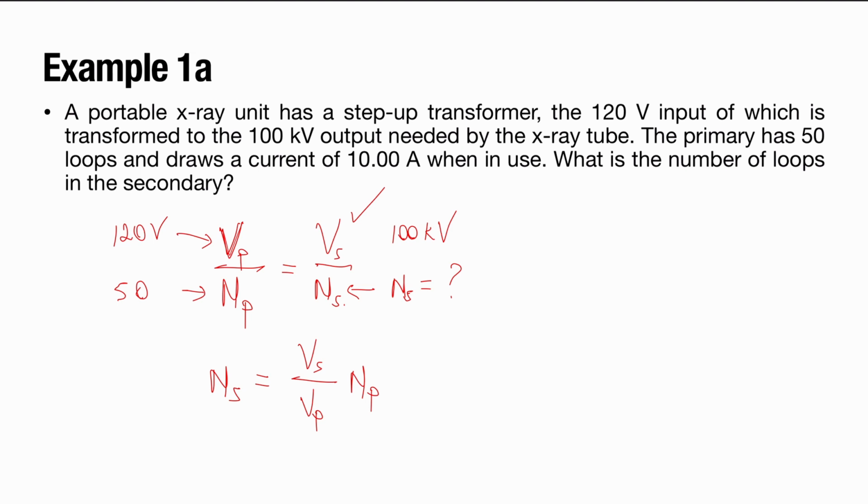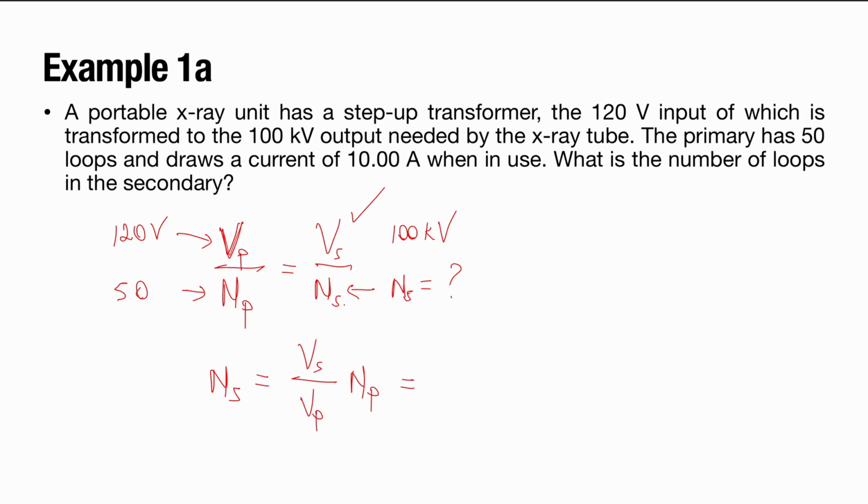We know the values, so we can punch them in, and I would like you to post your findings in the comment section. In the comment section, put in example 1A, NS equals, and you could punch it in there. If you have trouble, then I'll know.